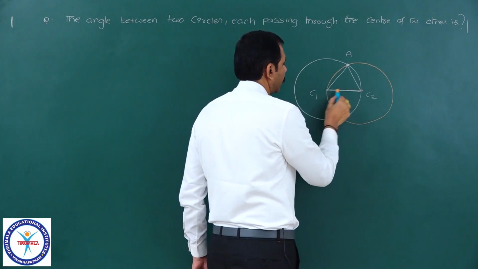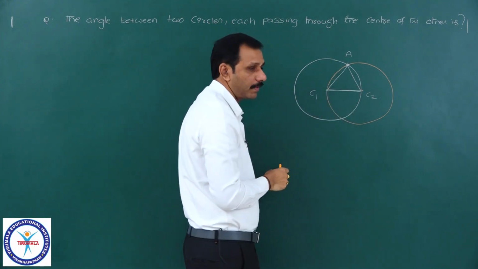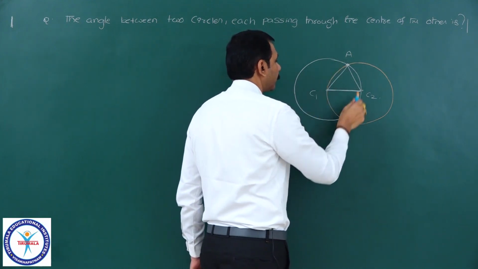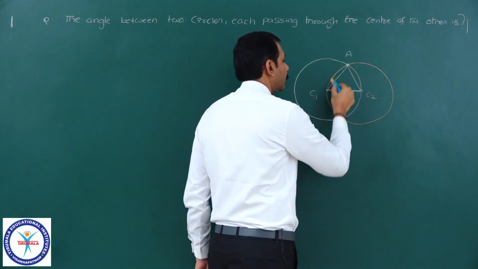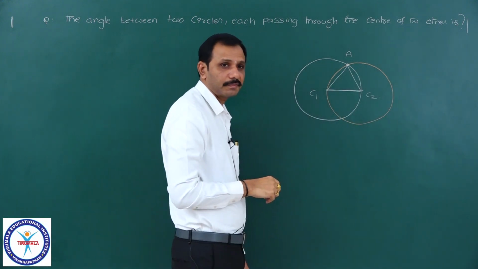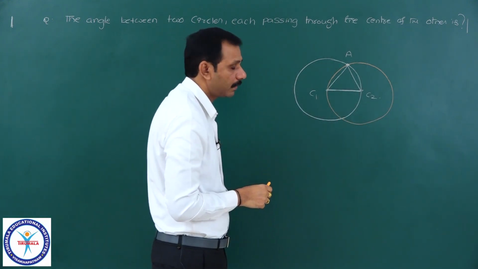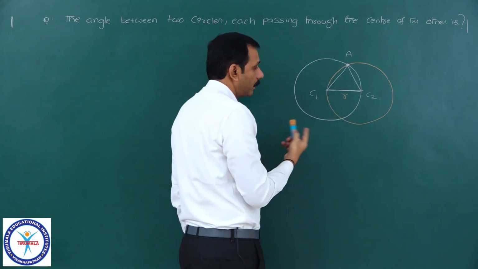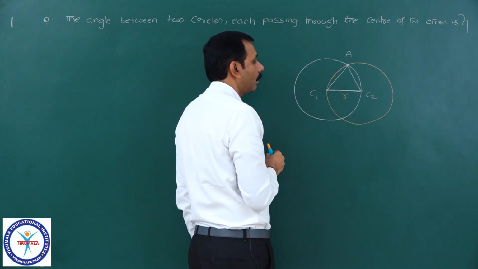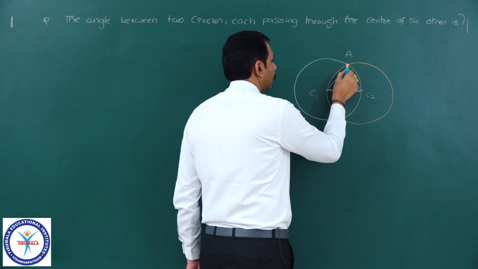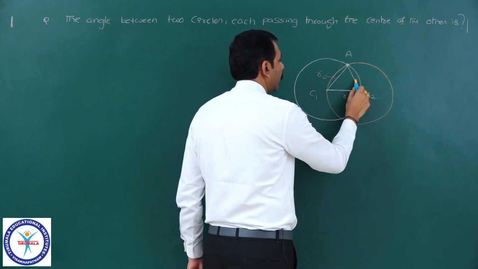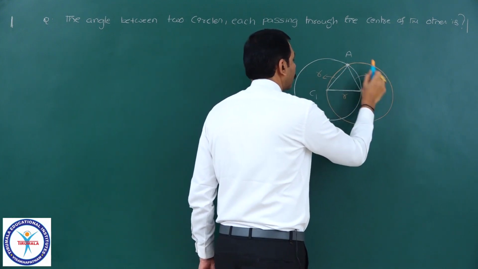Because each is passing through the center of the other, the line joining the centers is the radius of this circle and at the same time the radius of this circle also. Both are the same, equal to R.